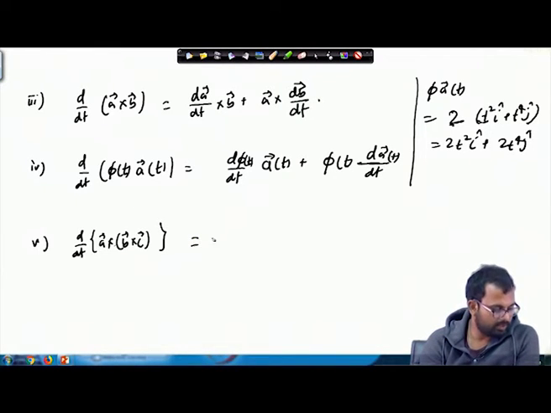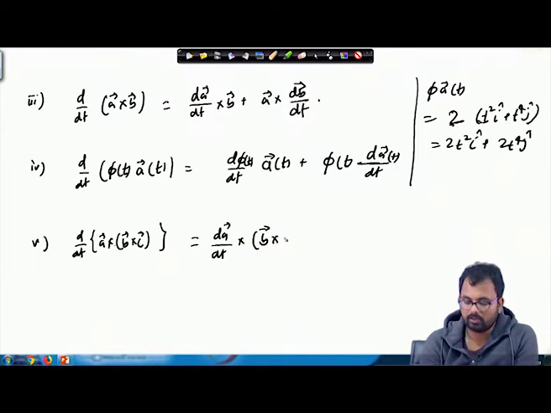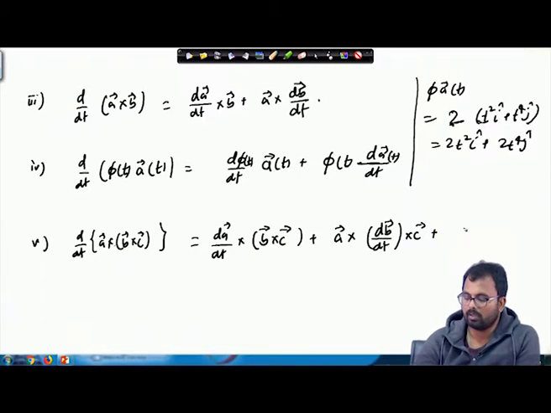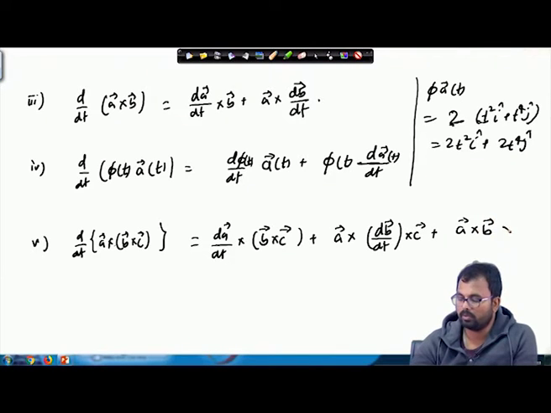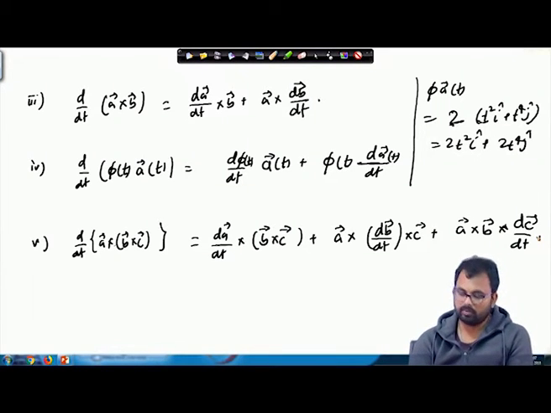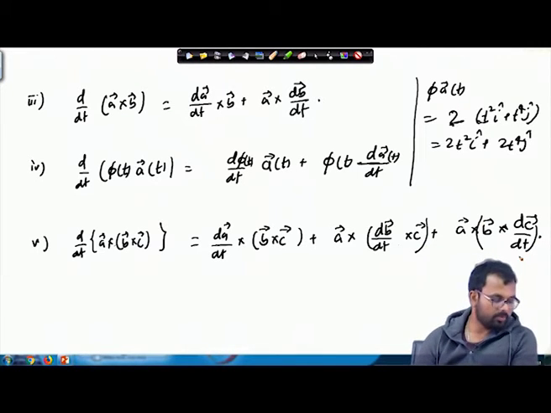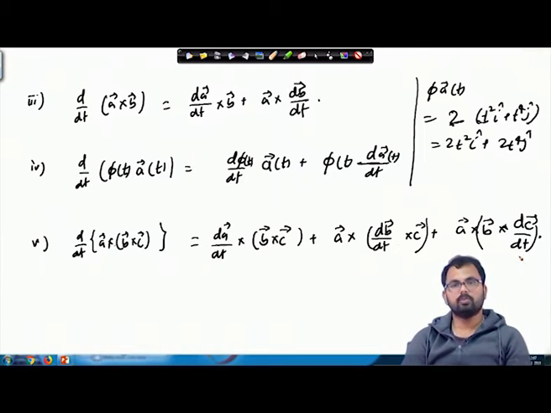Here, in this case, it will be dA/dt cross product with B cross C, plus A cross dB/dt cross C, and then A cross B cross dC/dt. Again we have to take care of the order. This is how we do the derivative of the cross product of three vector functions.